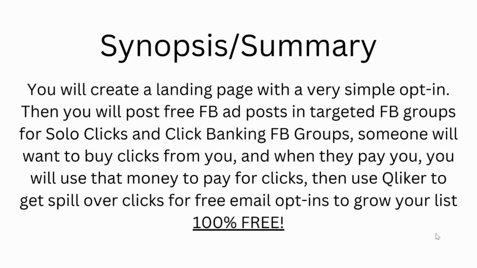Now, when you post, someone will want to buy clicks from you. And when they pay you, you will use that money to pay for clicks. Then use QLiker to get spillover clicks for free email opt-ins to grow your list 100% free.